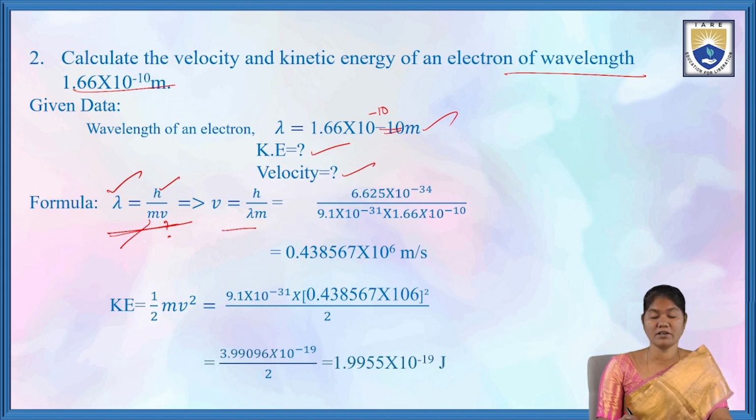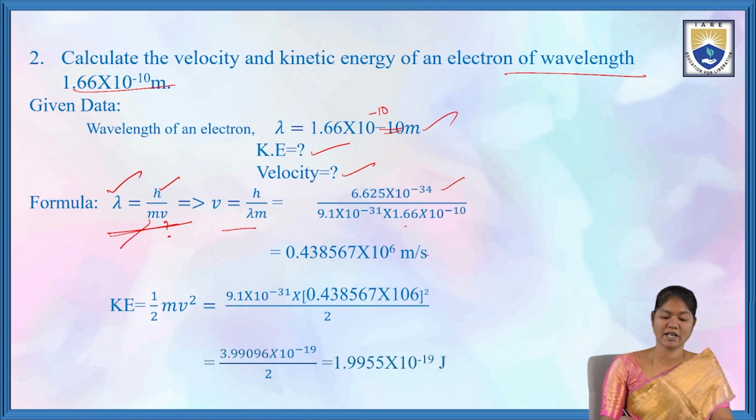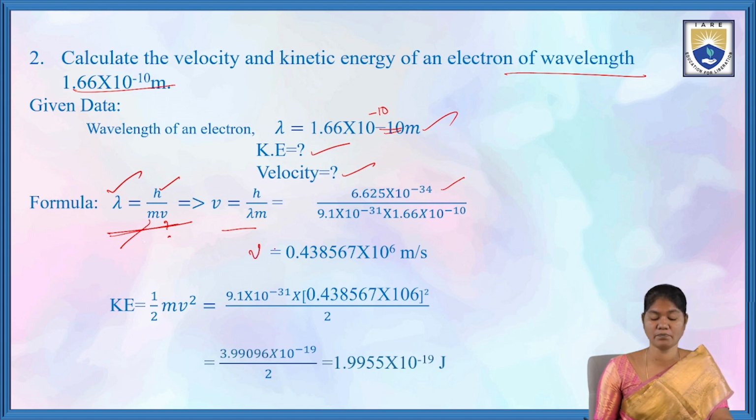Substitute the values: 6.625 into 10 power minus 34, which is the value of Planck's constant, m is 9.1 into 10 power minus 31, and lambda is 1.66 into 10 power minus 10. Calculating these values, we get the velocity v equal to 0.438567 into 10 power 6 meters per second.